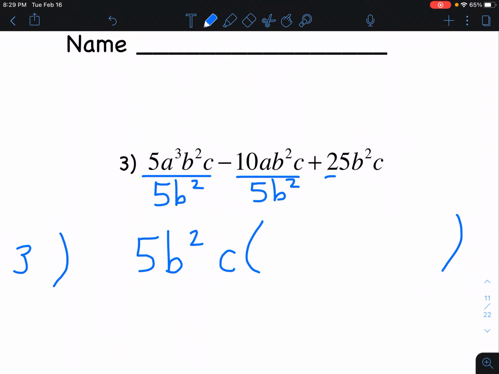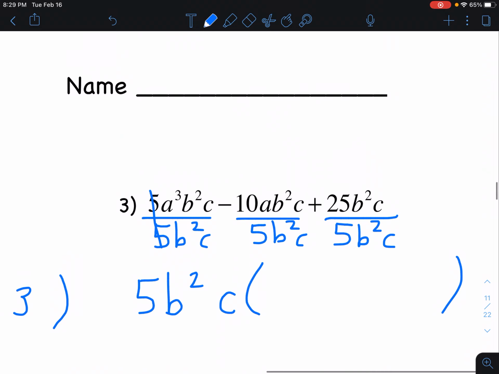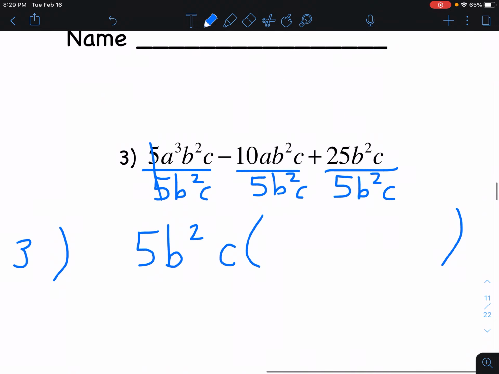Now, if I didn't mention this already, remember when we're dividing, we are subtracting the exponents, but dividing the regular numbers. So here, the 5's cancel. The b squareds cancel. And the c cancels. So we're left with a to the third.